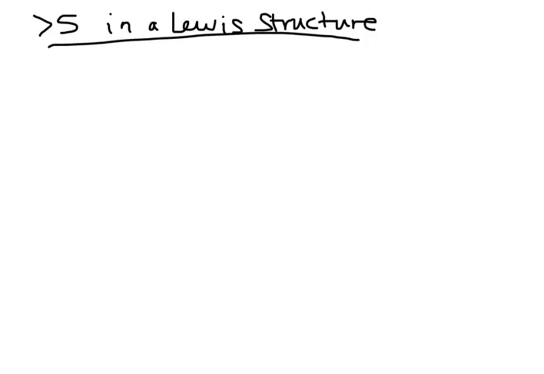That you should know. However, if I give you something like this, I would not expect you to know that you put the carbon and the oxygen in this arrangement. However, I will say fill in the bonds and lone pairs on this Lewis structure.